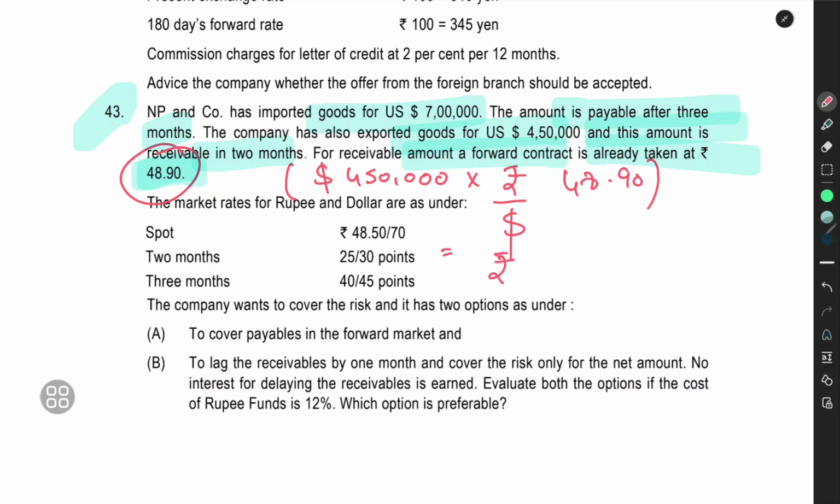So my rupee equivalent receipt is fixed. The rupee equivalent of $450,000 is fixed at 48.90, so accordingly the receipt comes up to 2 crore 20 lakh 5,000.